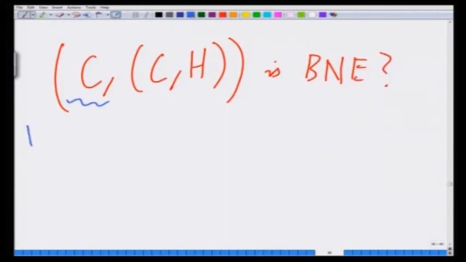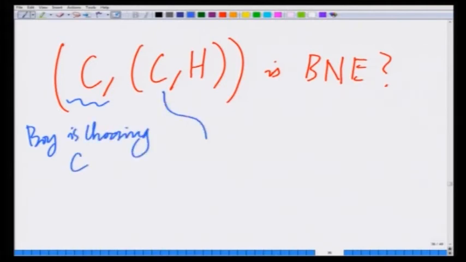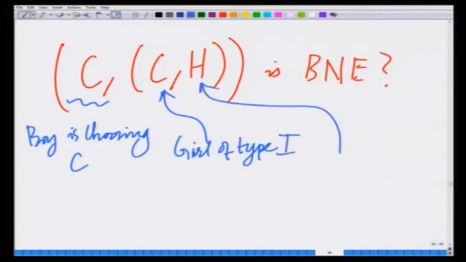Here the boy is choosing C, the girl of type I is choosing C, and the girl of type U is choosing H. Well, C of the boy is the best response to C comma H of the girl, that we have already seen from the average payoff table.